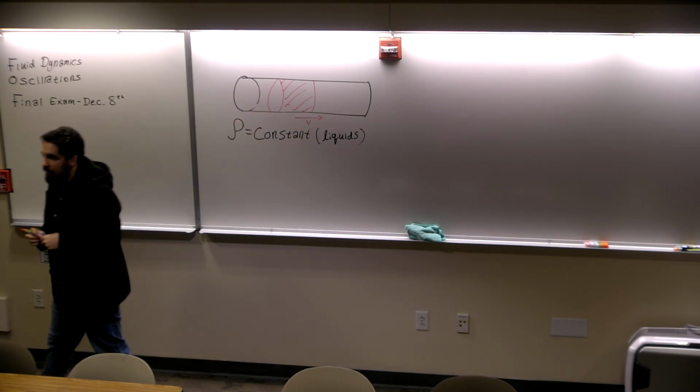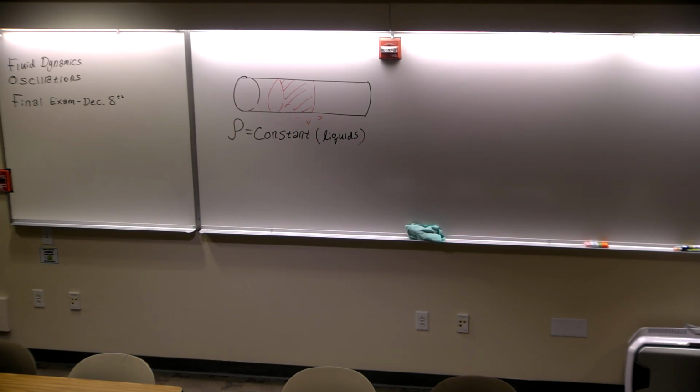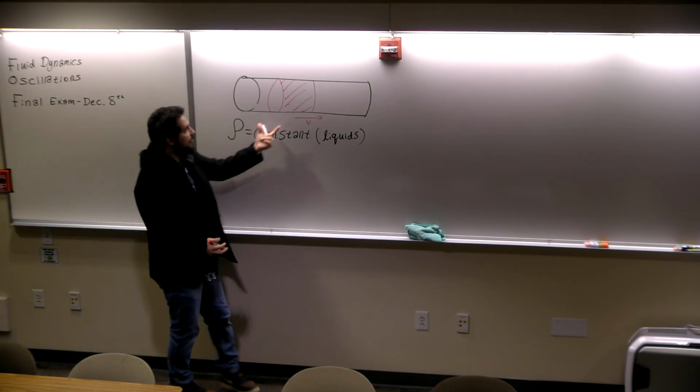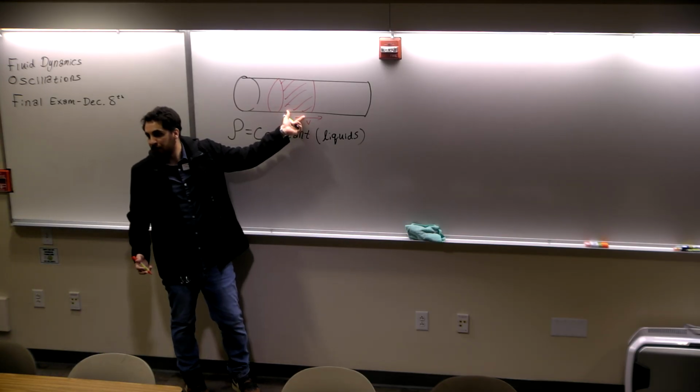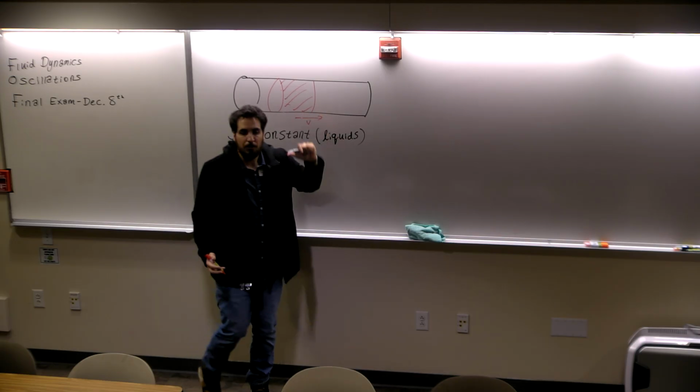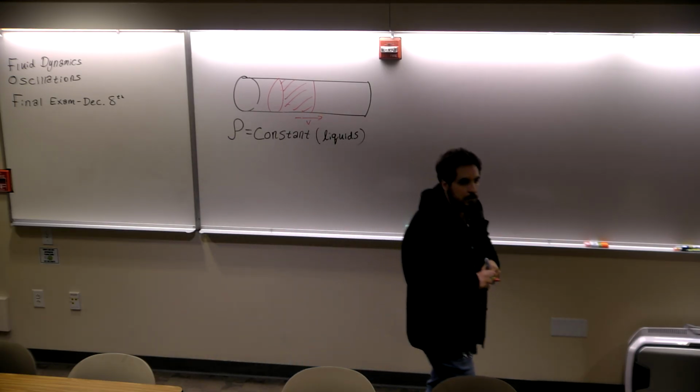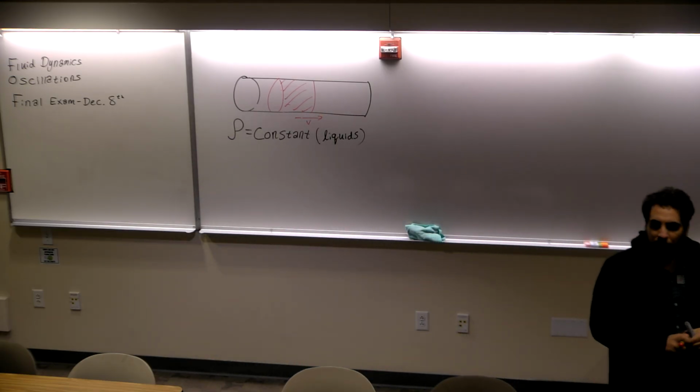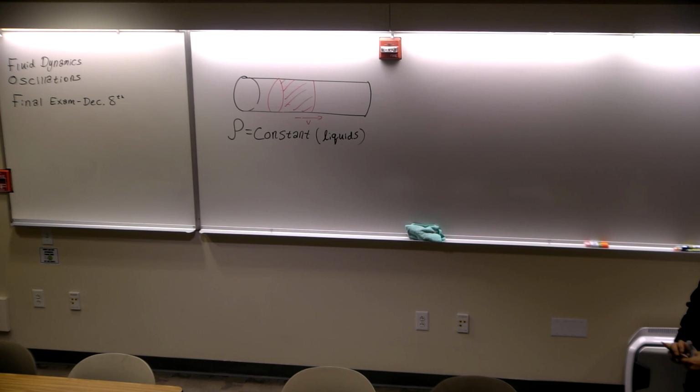That velocity is essentially the average velocity of all of the molecules that exist in this section of liquid. So we consider this section of liquid, and we look at how that liquid moves throughout the pipe. That sound okay? All right.